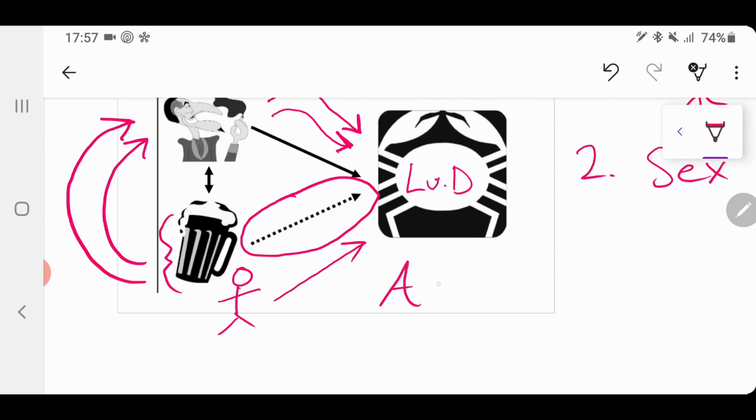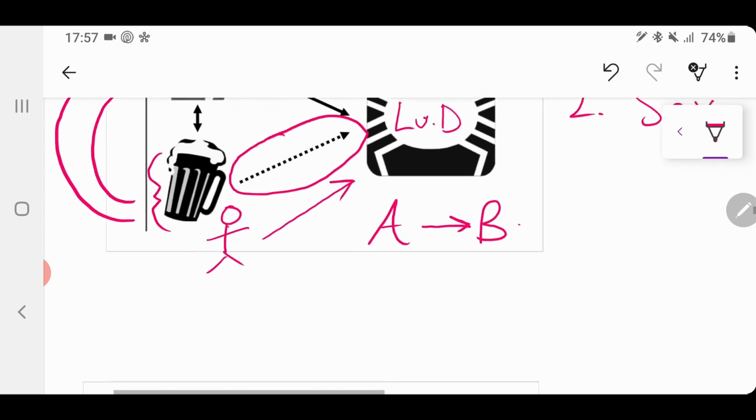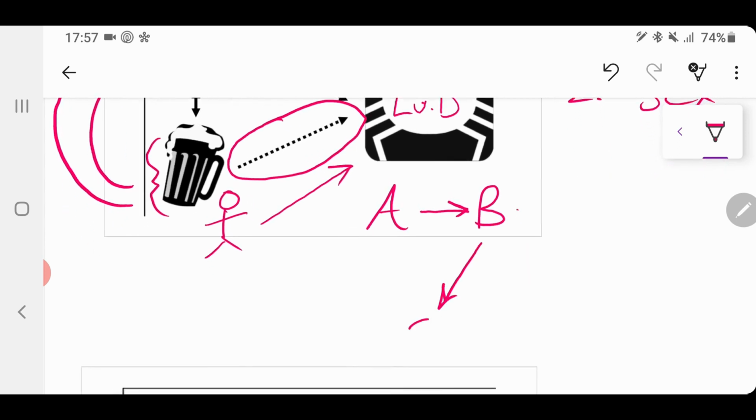So A, which is drinking, can cause B, which is smoking, which can cause C, which is lung disease. However, A doesn't cause C.